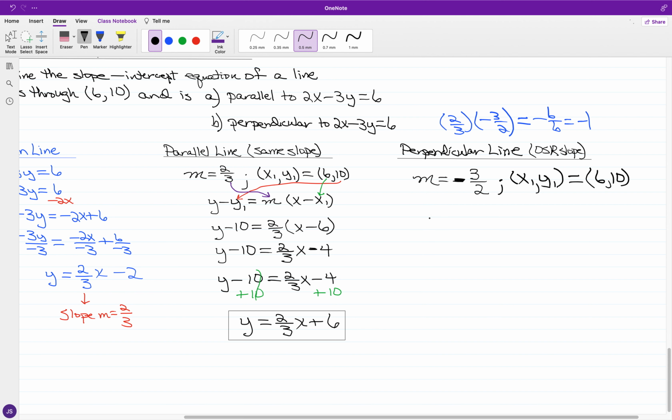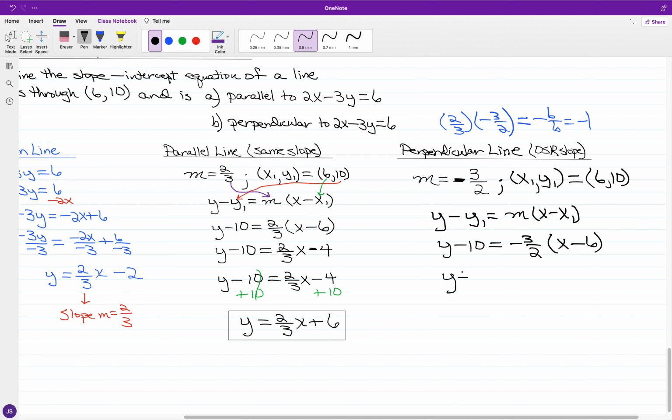So with the point-slope route, at the front again we're going to have y minus 10, and the slope m is now negative 3/2, times the quantity x minus 6.